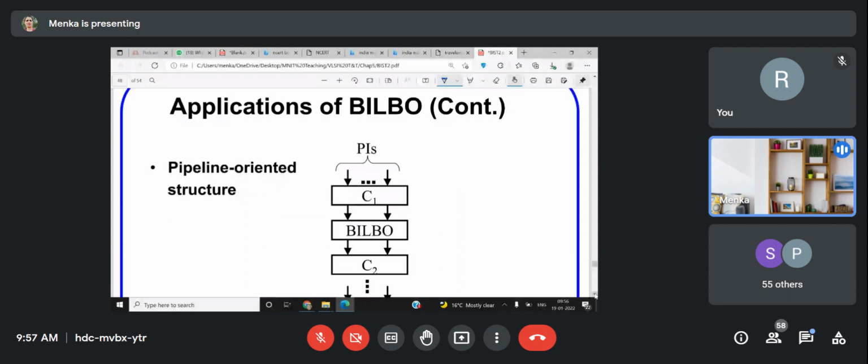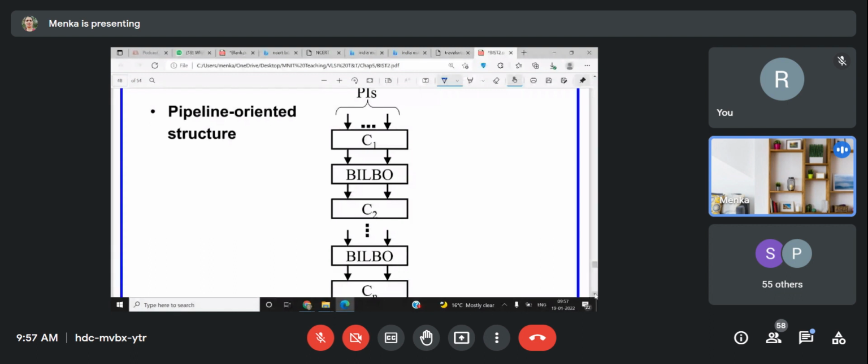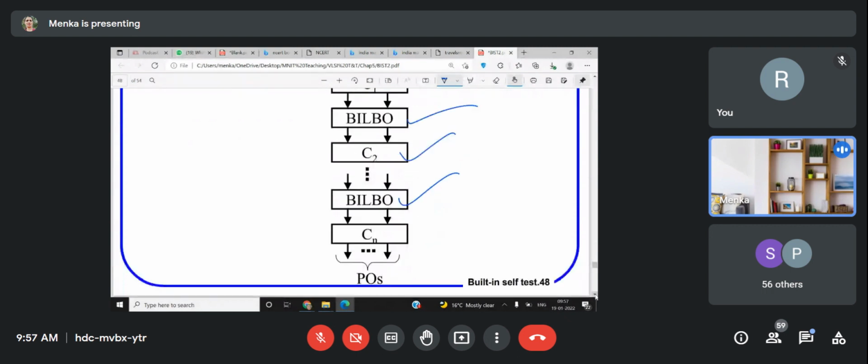In the bus oriented one, you have different structures altogether. And in the pipeline oriented one, you will be having a pipeline, meaning a sequence one after the other. Okay, C1 is there, C2 is there, BILBO is there. Then another BILBO is there, another chip is there, and likewise the primary outputs will be available over here.